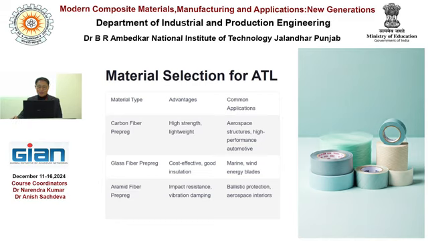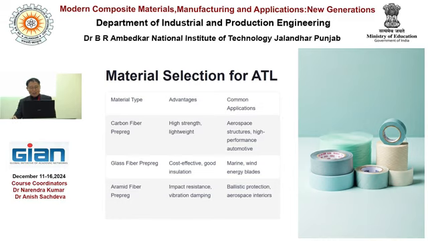Carbon fiber has high strength and is lightweight. Glass fiber cost is relatively low, cost effective, and it has very good thermal insulation and electrical insulation. And aramid fiber is exceptionally impact resistant, right? And it has vibration and damping characteristics. So we reviewed these kinds of fibers in the lesson.